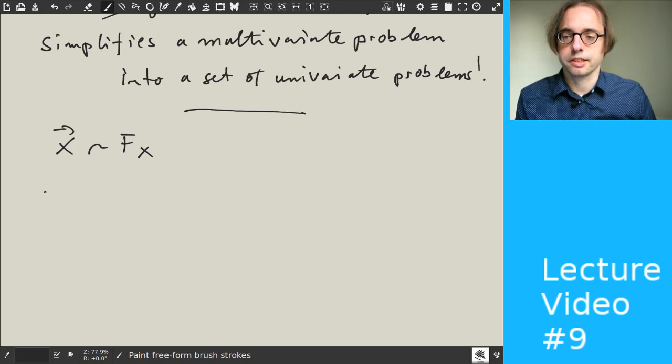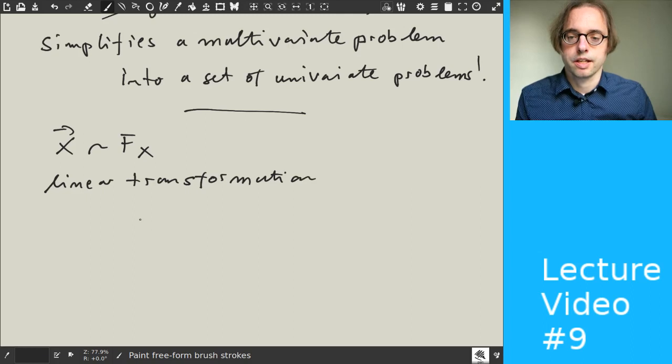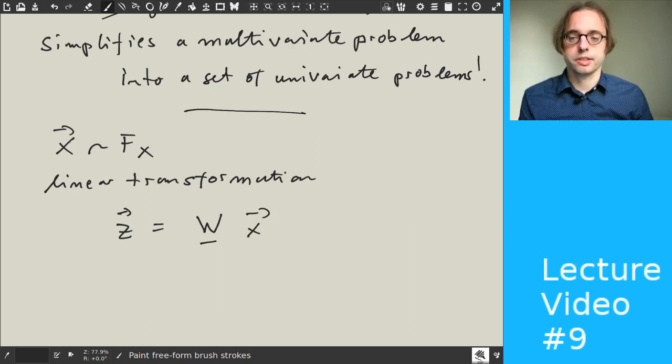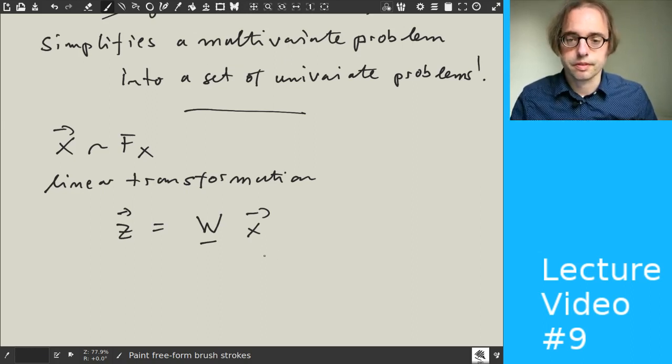So we look at a linear transformation Z equals a matrix W, so that's our whitening matrix, times X. So it's actually even simpler than the Mahalanobis transformation, because we don't have a scale thing.